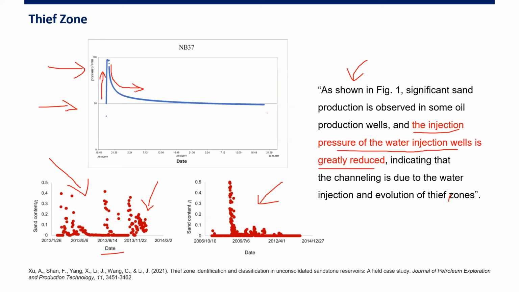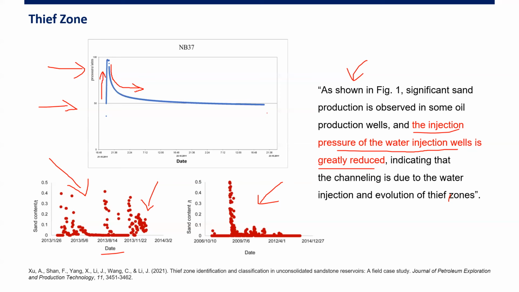Okay. First, you inject the water, and then the pressure builds up because of injection. But later on, eventually, the water will find the TIF zone. And if the water finds the TIF zone, the water will prefer to flow across that TIF zone. And because now it's much easier for the water to flow through the TIF zone, the injection pressure will be reduced, or significantly, greatly reduced.